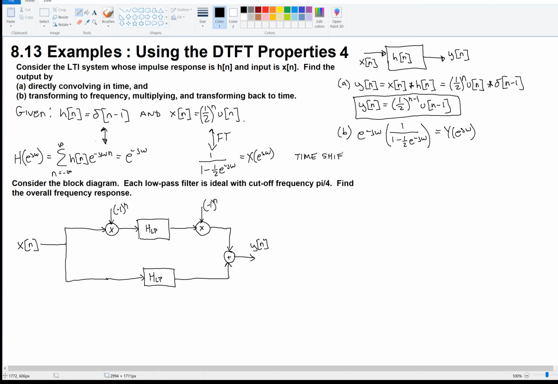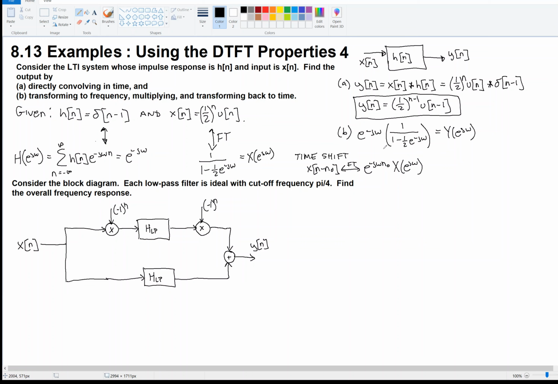The time shift property says that x of n minus n0 has Fourier transform e to the minus j omega n0 times capital X of e to the j omega. So that looks like what we have here in frequency with n0.